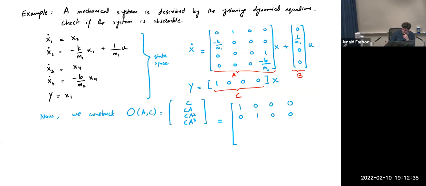CA squared is CA times A, so you multiply this with A again.